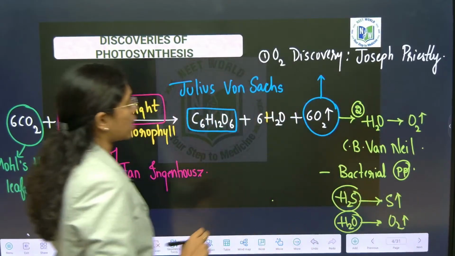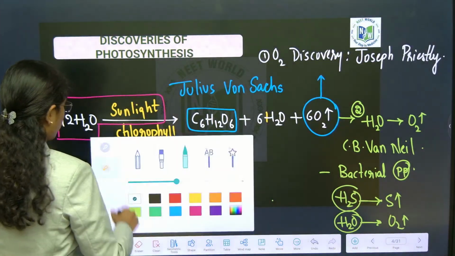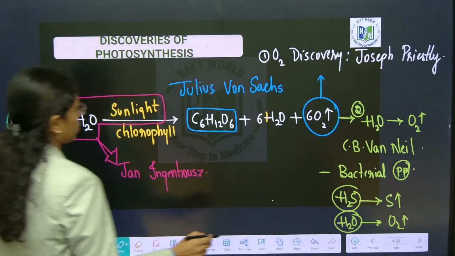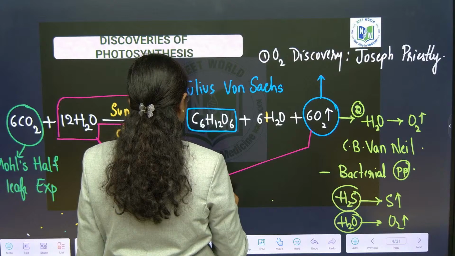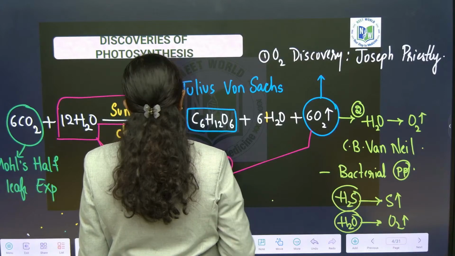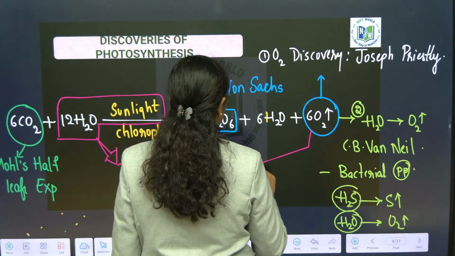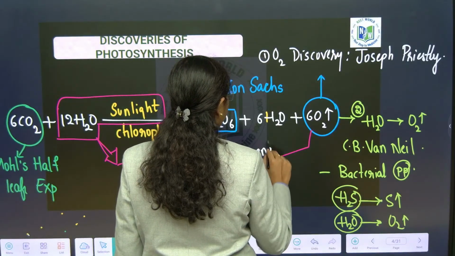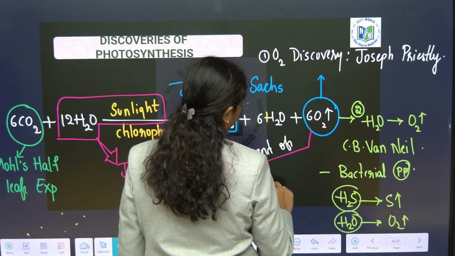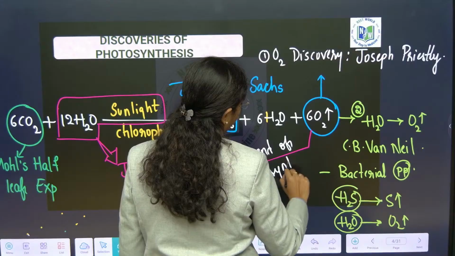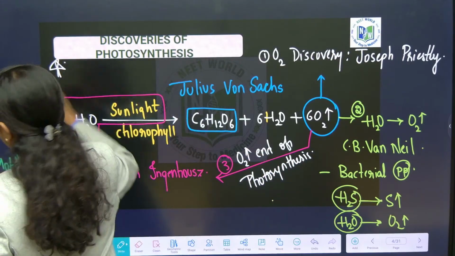And the third discovery is by Jan Ingenhousz. What is that? Oxygen is released at the end of photosynthesis. If you can remember this chart, complete discoveries are covered.